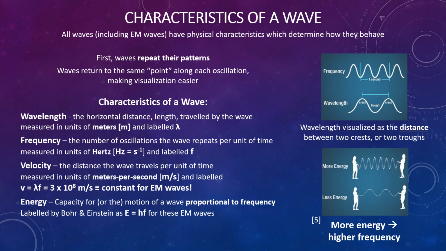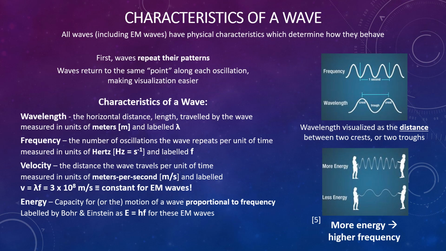Now, another property of waves is their frequency. Frequency is the number of times the wave repeats and oscillates in a given amount of time. The unit that is used in the SI units for frequency is the hertz, which is a unit of 1 over time. So the inverse of time.